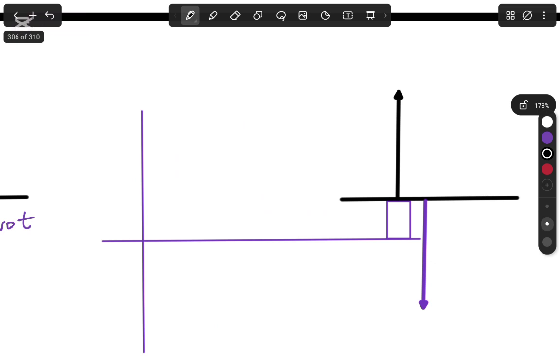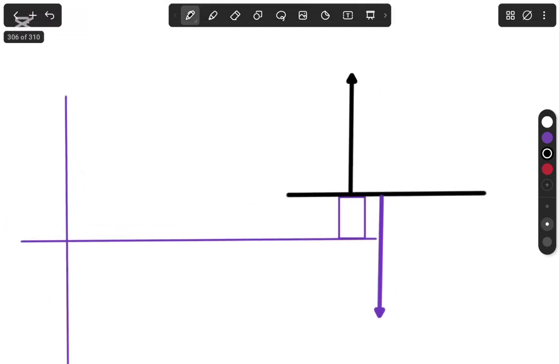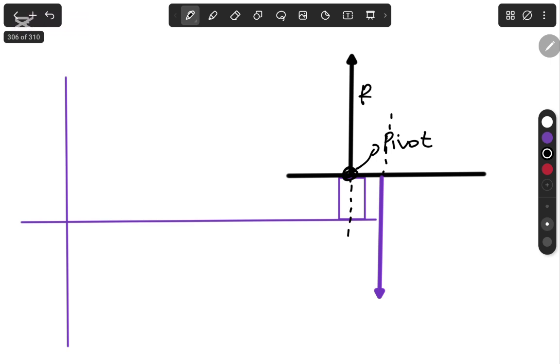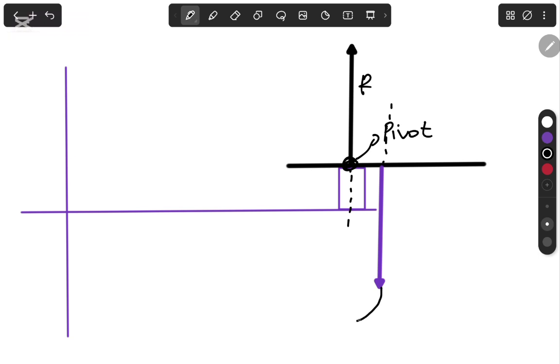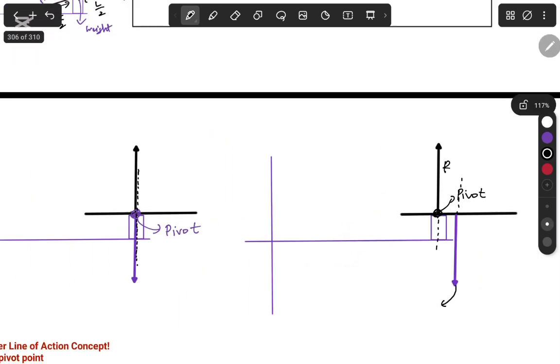Now, when we move a distance greater than half L, if we take this as the pivot again, we can ignore the reaction force R because its line of action passes through the pivot, but the line of action of the weight does not pass through the shelf, and hence the weight is going to cause a clockwise moment, and that is basically your answer.